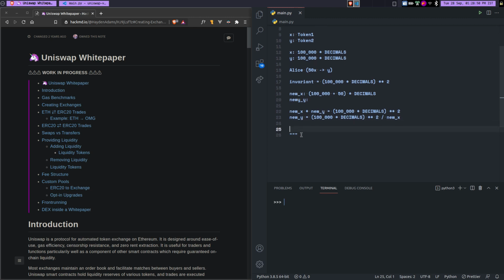But how much should she get? In order to find that, you need to subtract the new amount of Y tokens from the old amount of Y tokens, which was Y, or I can just use this.